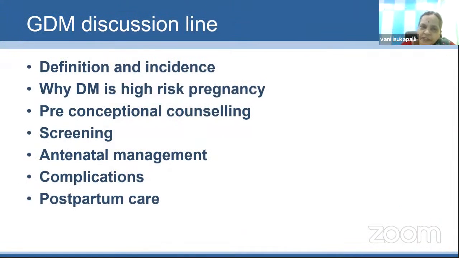So my discussion further would be going on these lines: definition, incidence, why diabetes mellitus in pregnancy makes it a high risk, what preconceptional counseling is required for women who are already diabetic and conceiving, what is the ideal method of screening for diabetes in pregnancy, how to manage these cases in the antenatal period, what complications antenatally and intranatally are expected in a complicated pregnancy with diabetes, and what additional postpartum care we are supposed to offer in these cases.